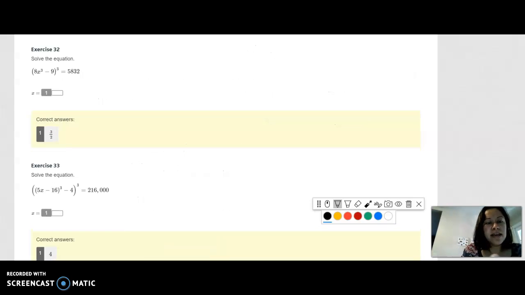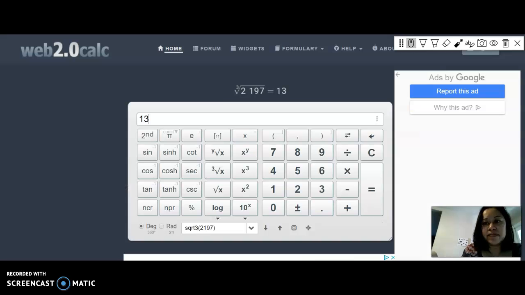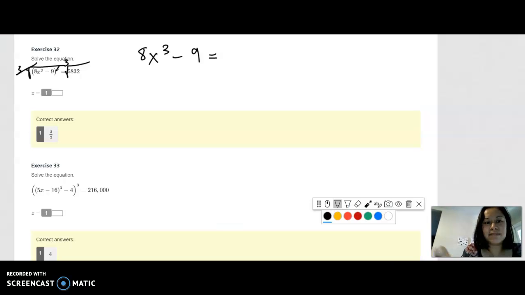Let's go quickly. This one here, similar to what we just did, you're going to want to cube root both sides. So if I cube root here, and then I cube root here, you're going to get rid of the cube root and the cube here. To get 8x cubed minus 9 equals, go to your calculator to cube root the 5832, which is 18.